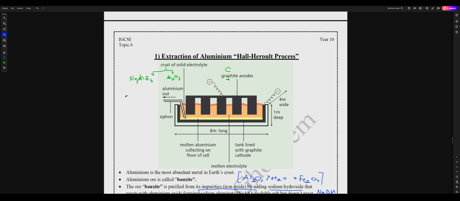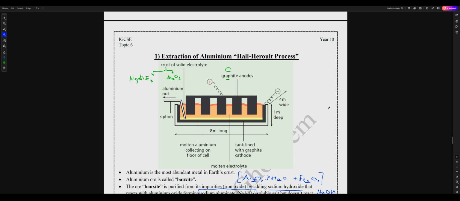So get used to writing down the chemical formula for the sodium aluminate and the cryolite, because I know that those might seem like new formulas for you, but as we've broken them down, they are not really that complicated.